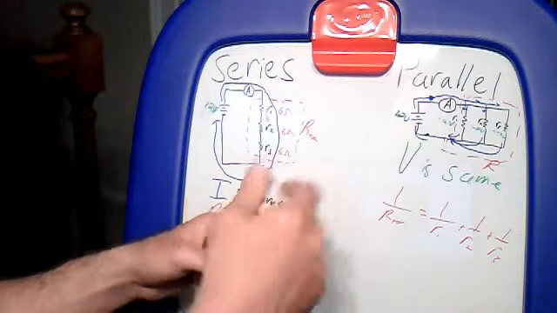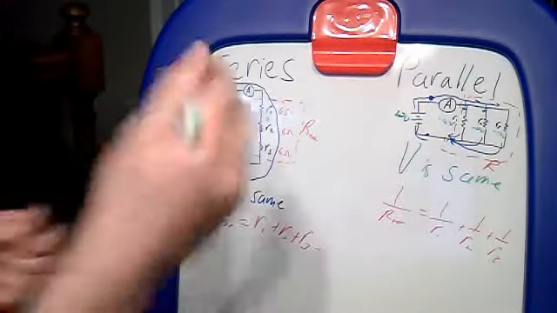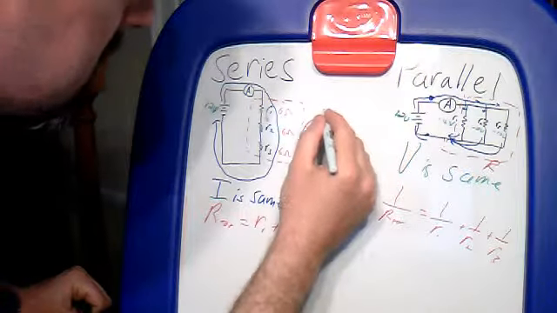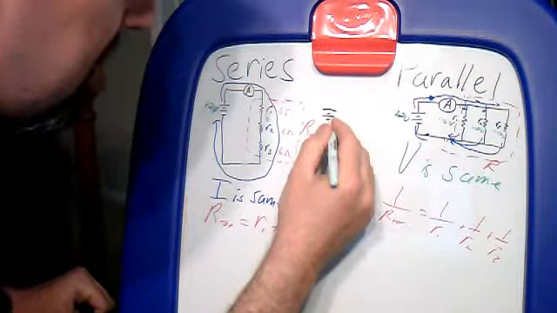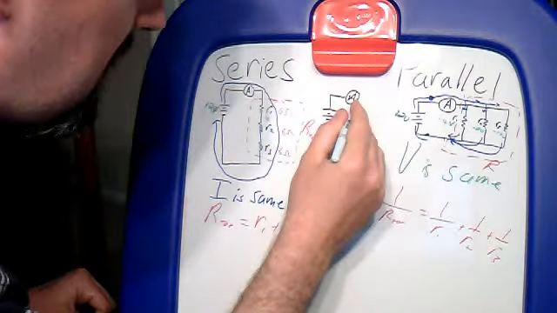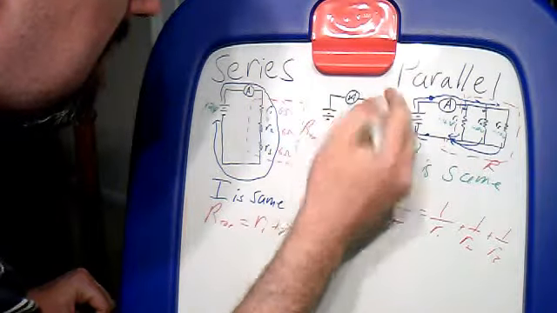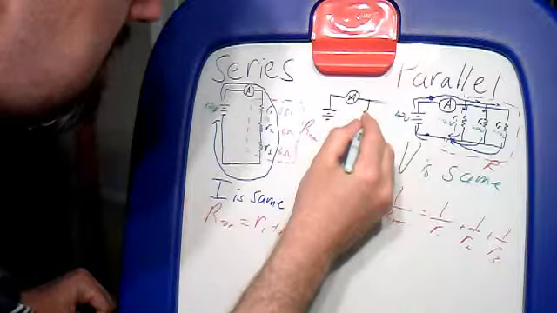But then the problem comes with what happens when you don't have a straight series or straight parallel. What happens if you have a circuit like this? Boom, boom, boom. See, Liam didn't do this. This one's not quite child's play. Let's give ourselves an ammeter, and then let's do a series.